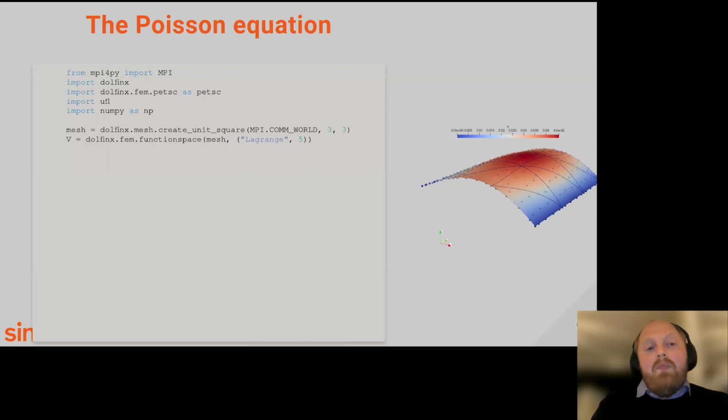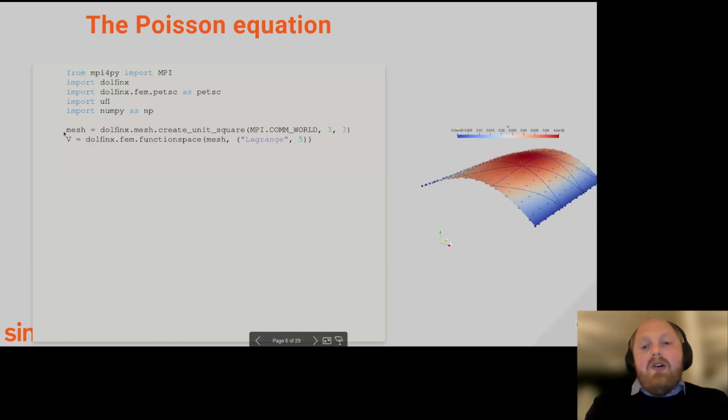So we're going to import MPI, we're going to import the core library DolphinX, and we want to use PETSc to solve our linear problems that are going to arise from setting up a finite element discretization. So we import the submodule PETSc from our library. We import the unified form language, and we import NumPy because we like interacting with other libraries.